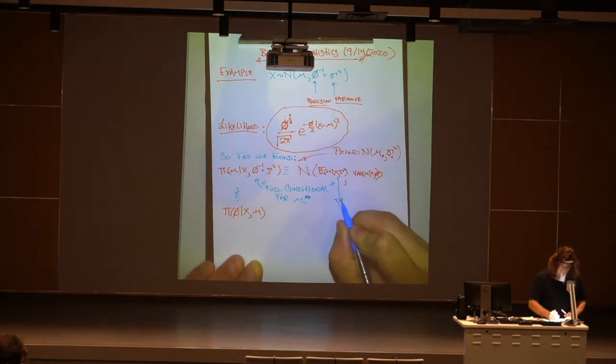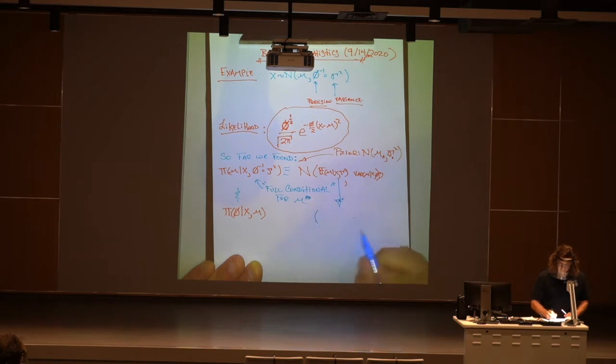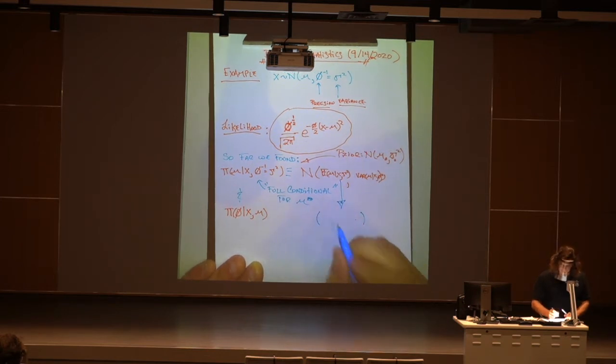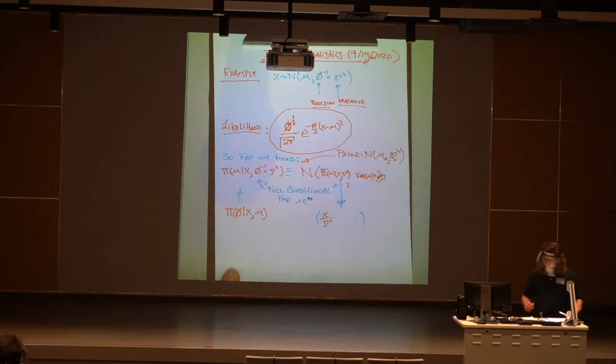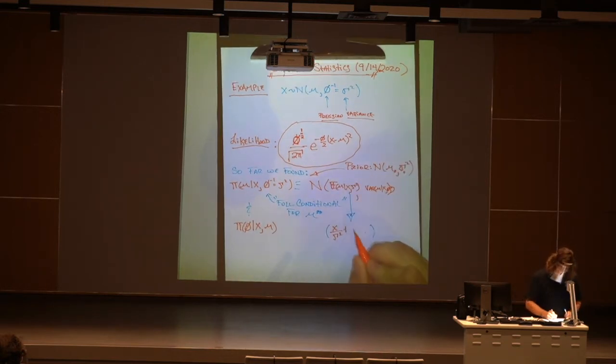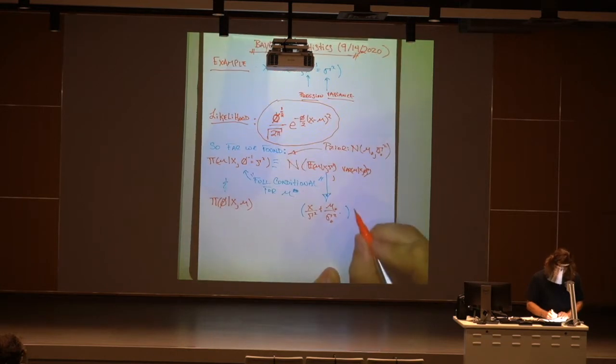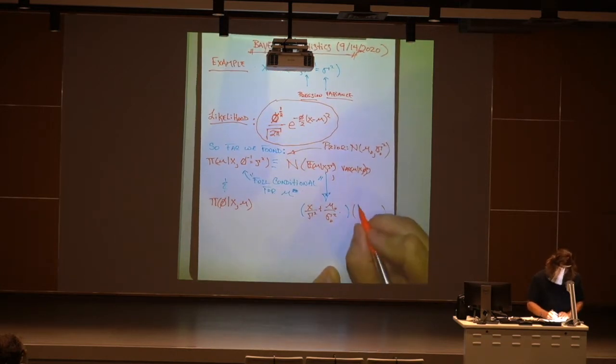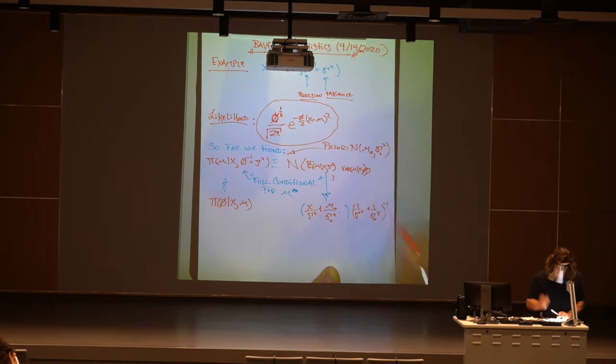So this thing is just some weighted average. This was going to be x over sigma squared plus mu naught over sigma naught squared, times 1 over sigma squared plus 1 over sigma naught squared, with the inverse, really dividing by this.